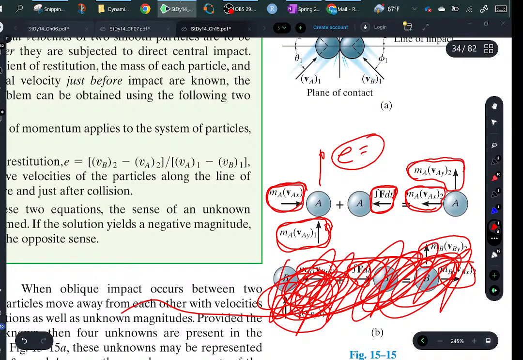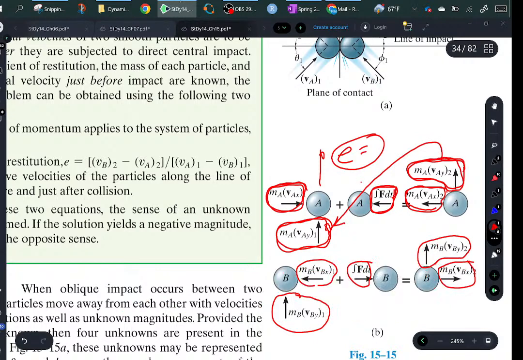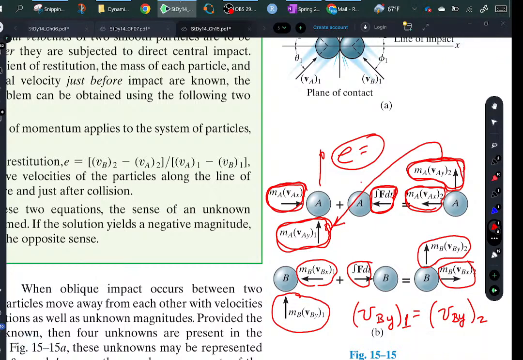So it stands to reason that the speed after the impact is the same as the speed before. The same argument can be said about B. The velocity of B in the y direction before impact is the same as the velocity in y after impact. Why? Because there is no force pushing this way or that to slow it down.